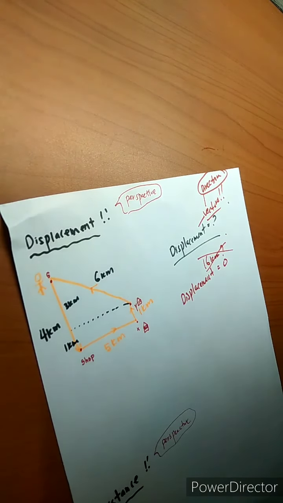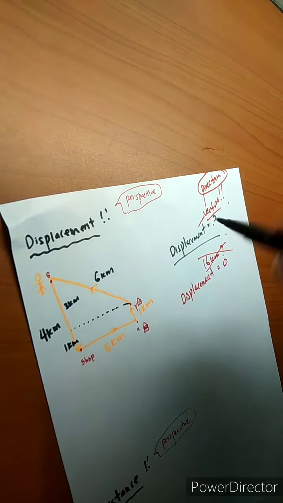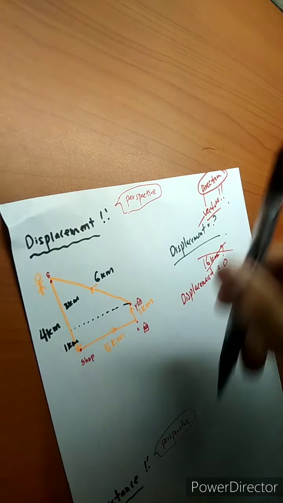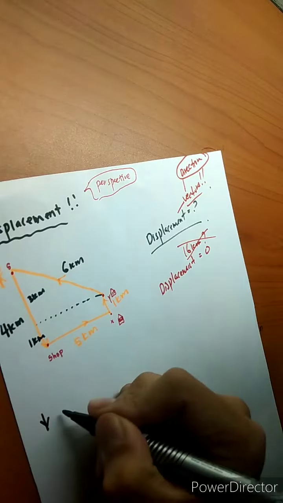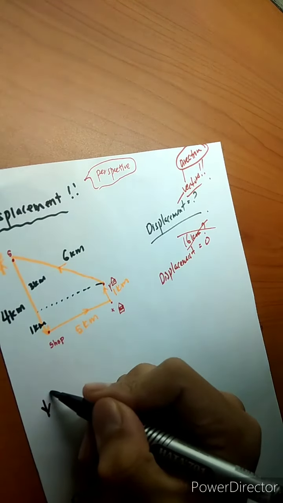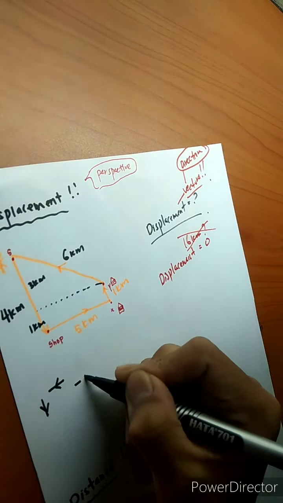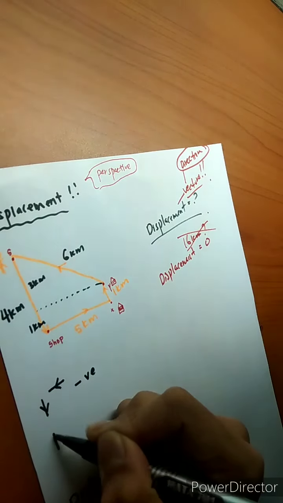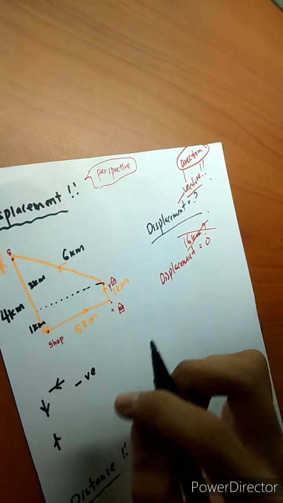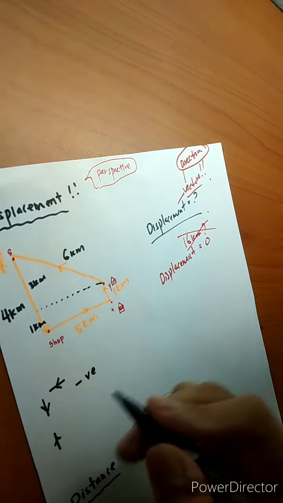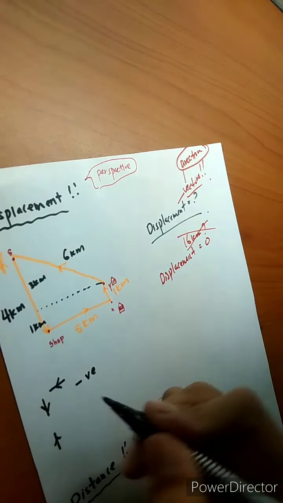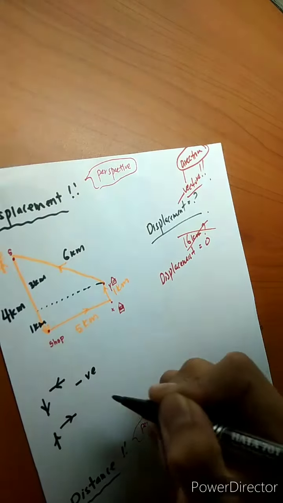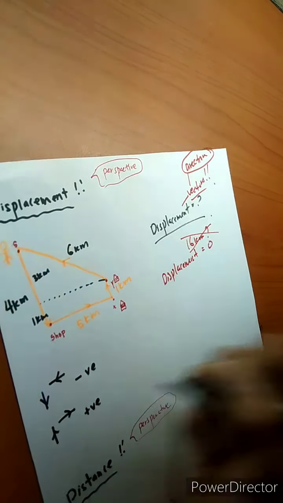Remember when I said that downwards, or heading to the bottom, is negative, and towards the left is also negative, and heading to the top, or upwards, is positive, and heading to the right is also positive.